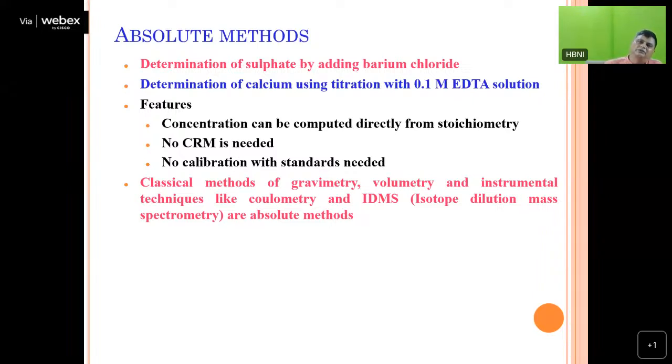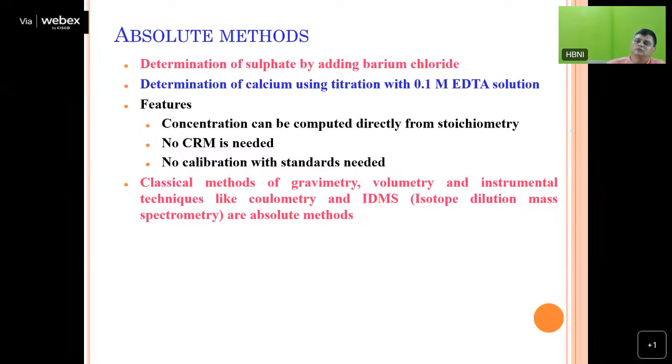No need. The classical methods of gravimetry, volumetry, and instrumental techniques like coulometry, because in coulometry you are determining mass, and isotope dilution mass spectrometry are considered absolute methods.